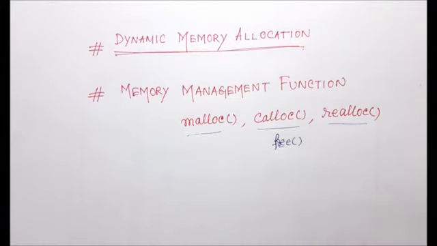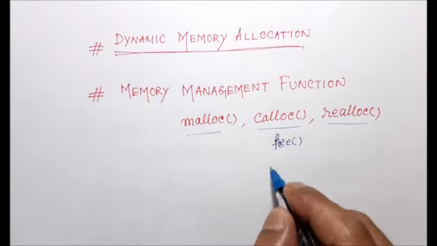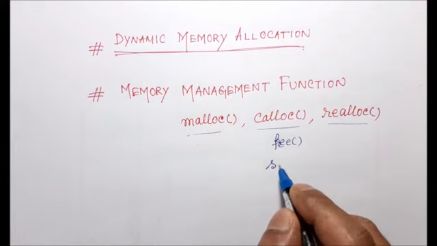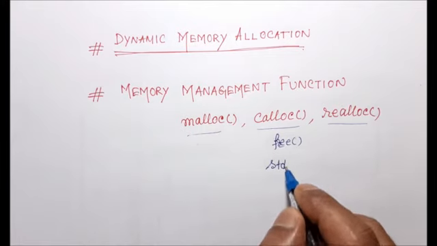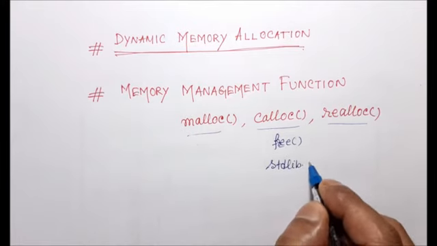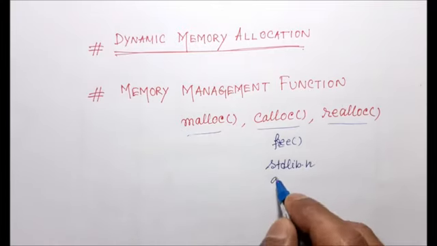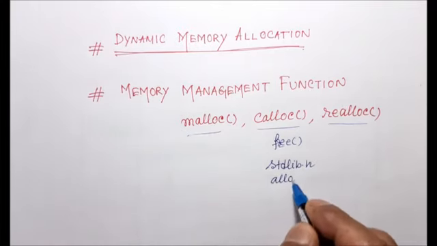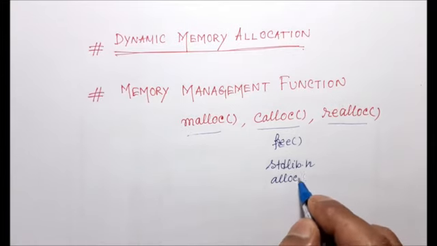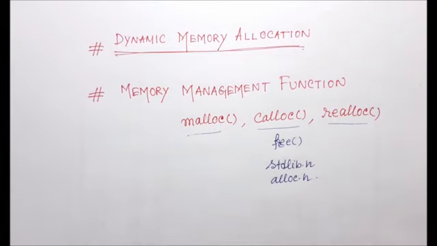These four functions are in a header file called stdlib.h, and we also use alloc.h for allocation purposes.